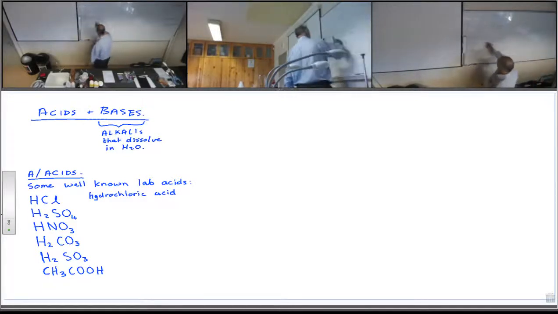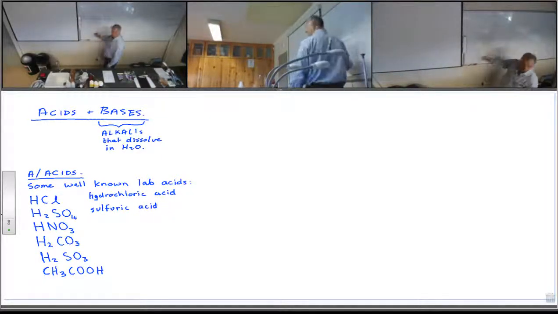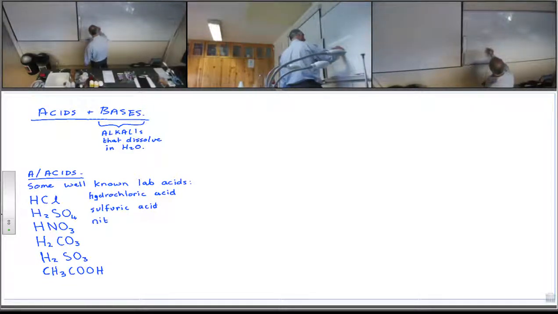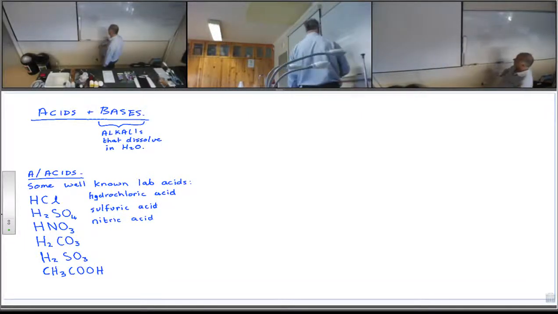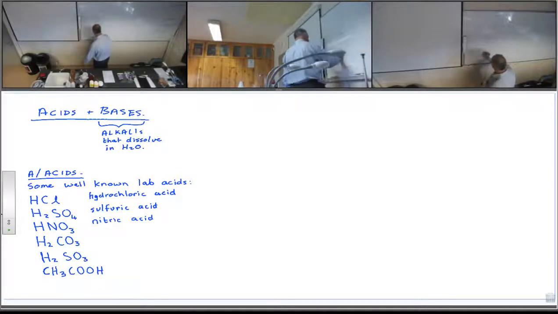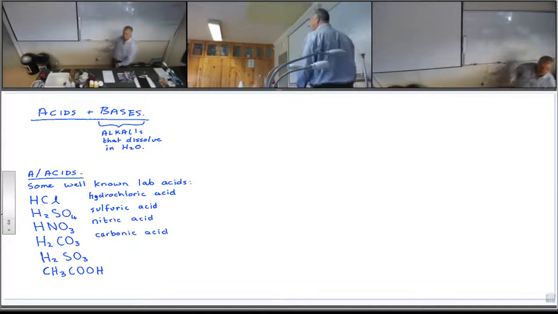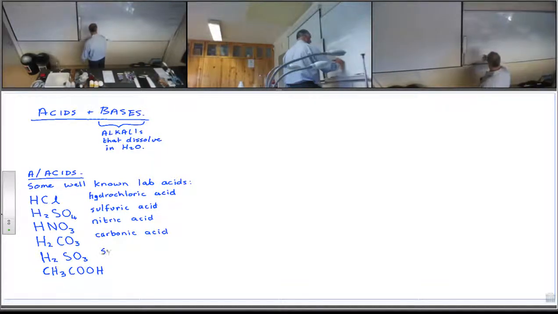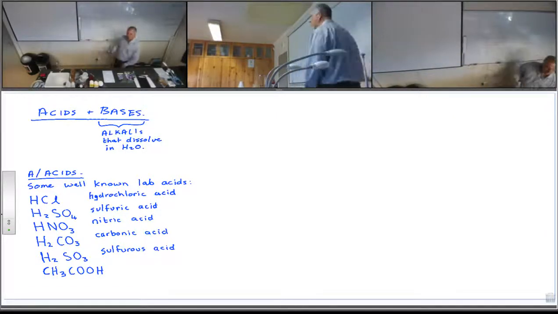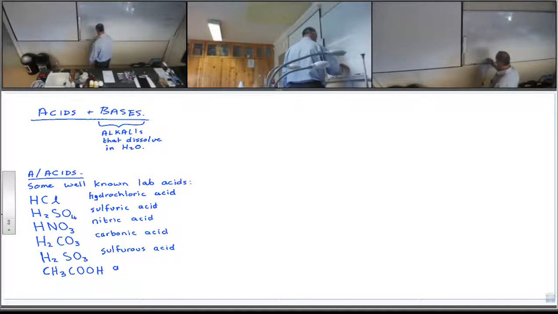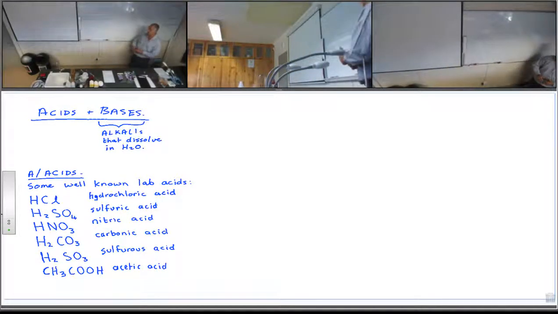This, we said, was sulfuric acid, then nitric acid, then carbonic acid, then sulfurous acid, and lastly acetic acid. Right, any common names that you know of for these acids?